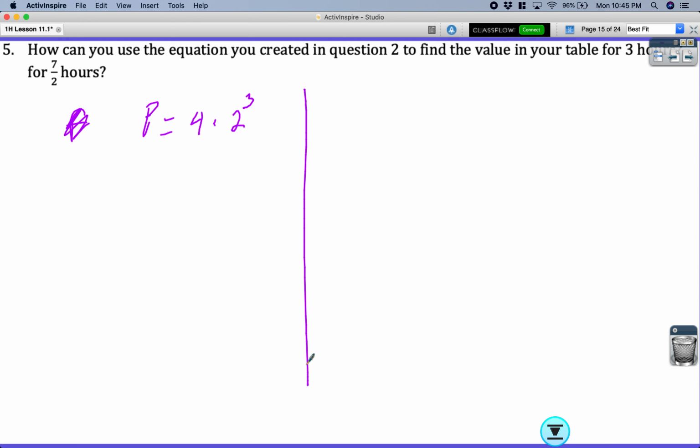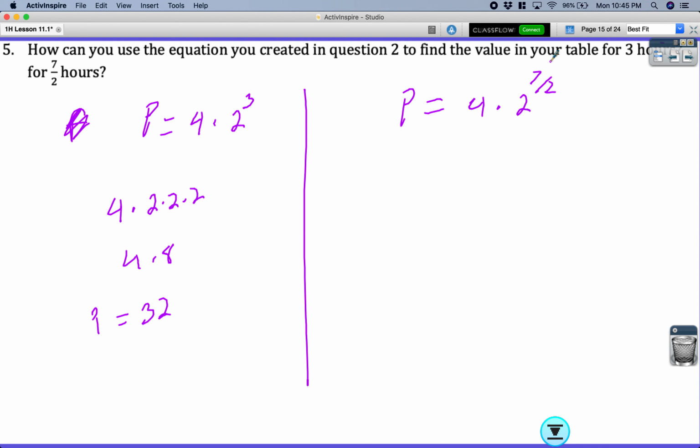And then we also had P is equal to 4 times 2 to the 7 over 2. So when I look at this, guys, this is how I would do this. What I would have here is 4 times 2 times 2 times 2, so 4 times 8, which is 32. So I have a population of 32 in the thousands, so 32 thousand.